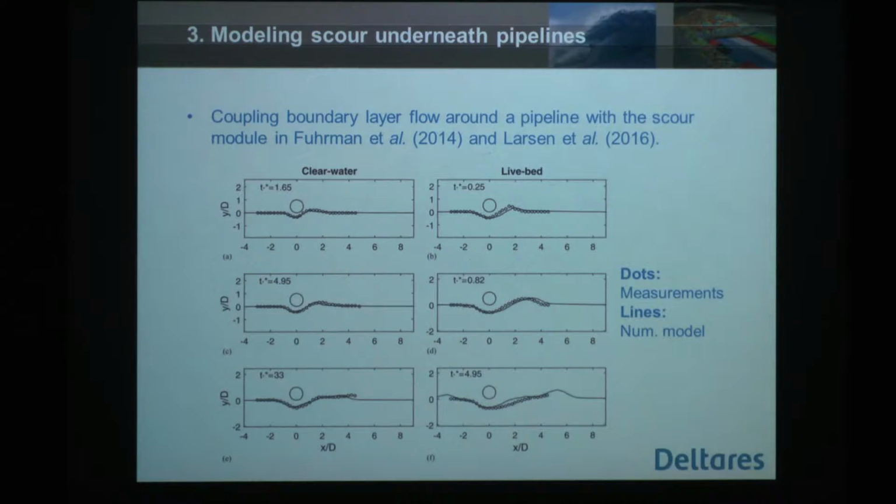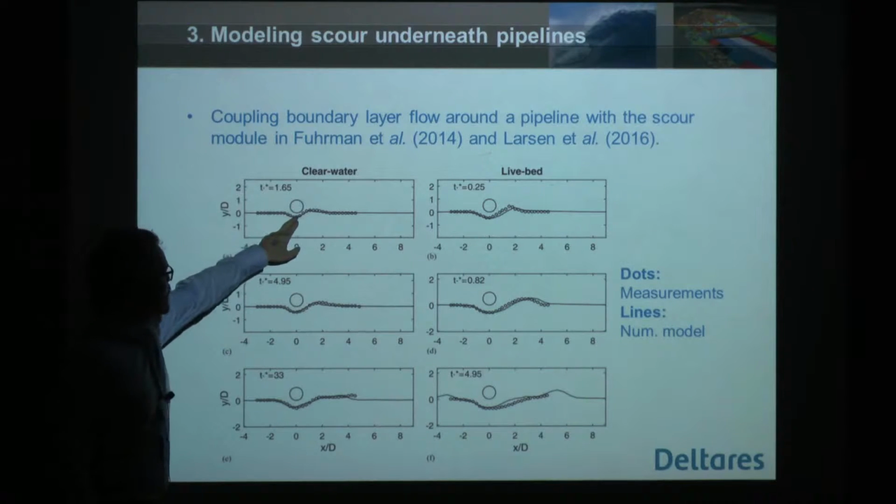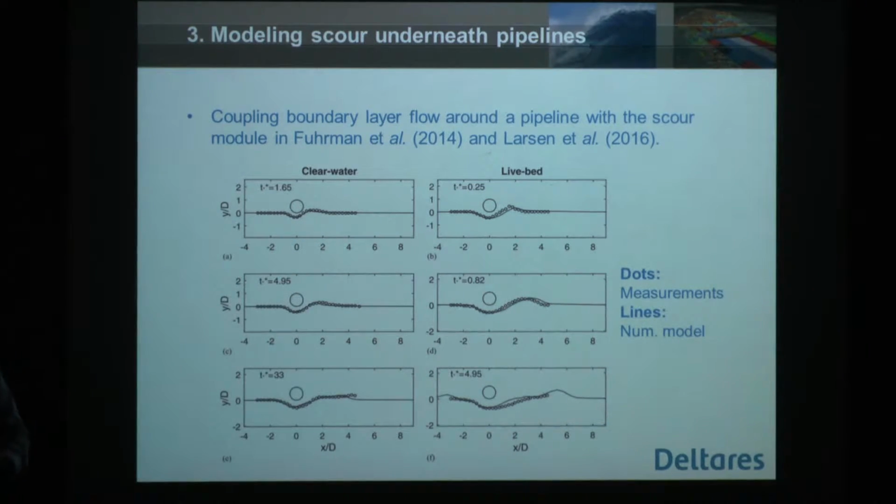So essentially what happened in the experiments, you put a pipeline on the bed and you start with a current in the flume, and you start getting piping underneath and erosion starts taking place, and then the scour hole evolves until it reaches a certain equilibrium.